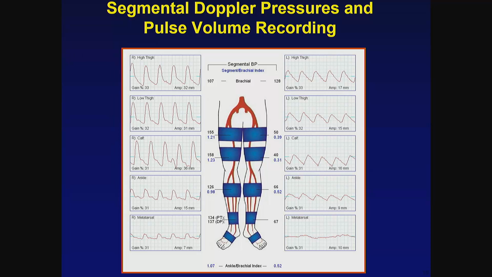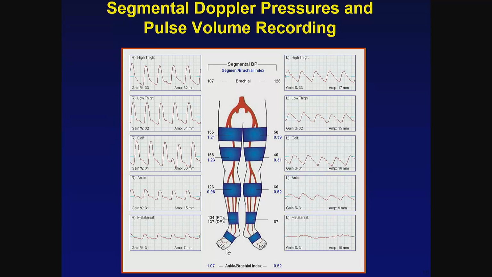Segmental Doppler pressure and pulse volume recording is a more detailed way of assessing the perfusion of the lower limb. We measure pressure at several levels in the lower extremity, in the upper thigh, lower thigh, upper calf, lower calf, and also at the metatarsal level.